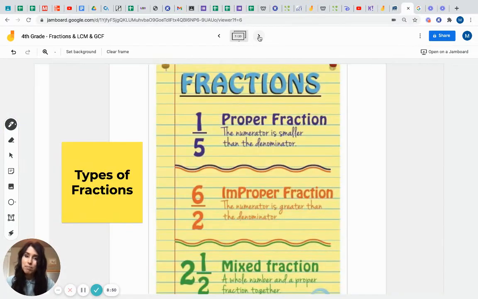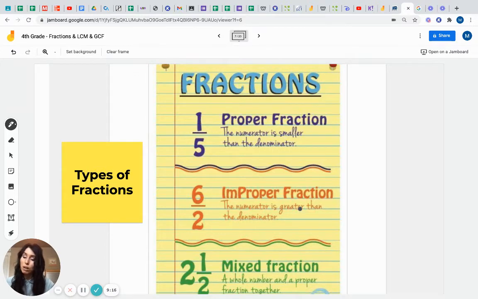Let's learn some more. So before we move on to multiplying and dividing fractions, or even adding and subtracting fractions too, we need to review one last time, what are these fractions? What are they called? Do you know what you would call a fraction that is 1/5? Yeah, it's called a proper fraction because the numerator is smaller than the denominator. What do we call a fraction that looks like this?